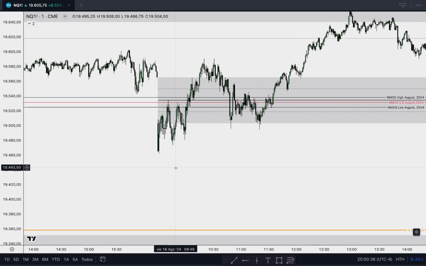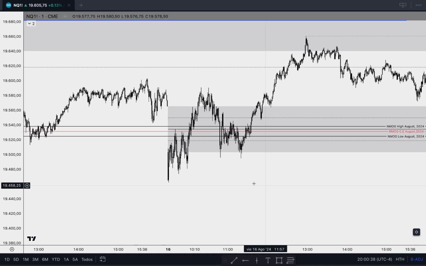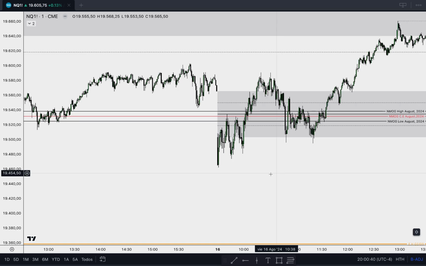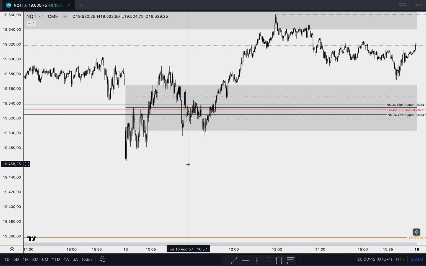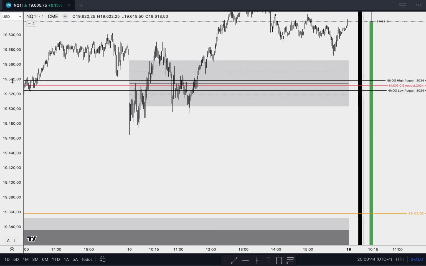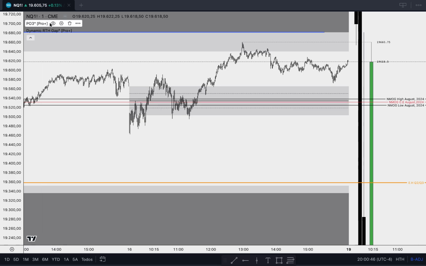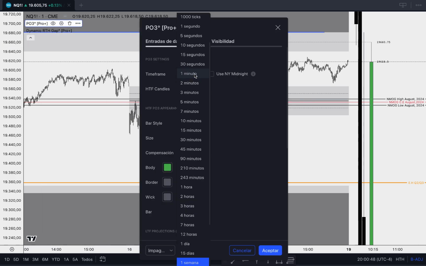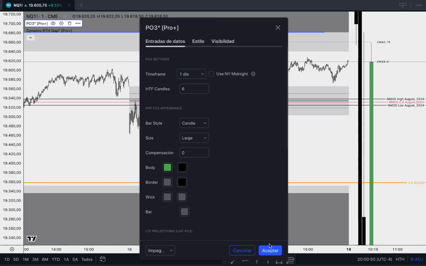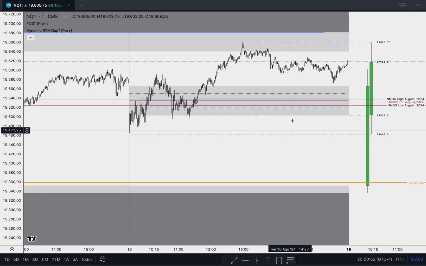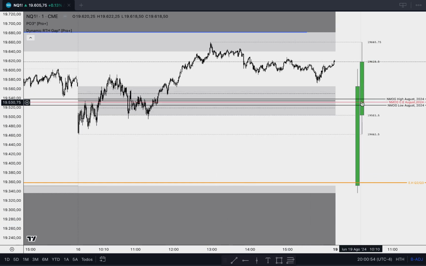Okay, now let's see what we did on Friday. What is this model? Look, what are we doing here?